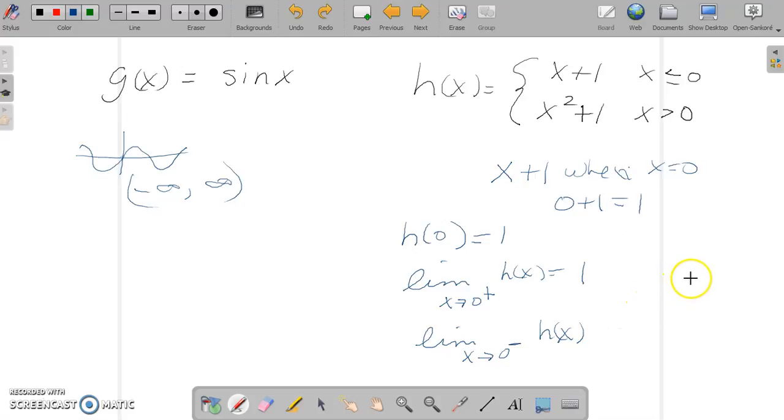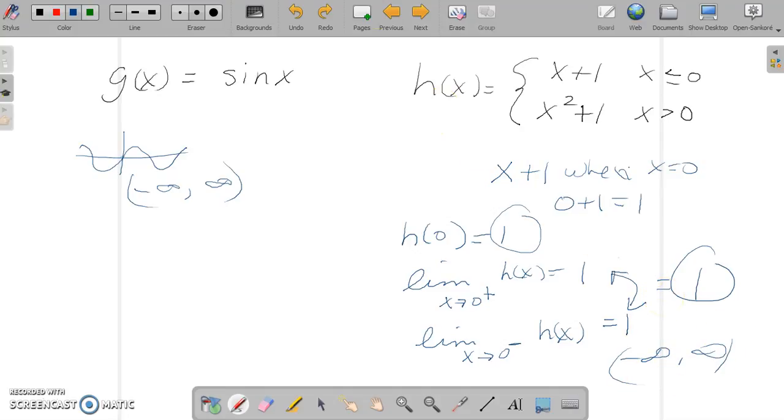So this equals 1. And those are the same, right? So the limit is 1, okay? The limit is 1 and the actual value is 1. So there is no discontinuity, okay? It is continuous on all real numbers.